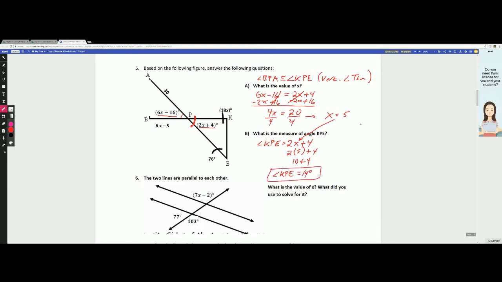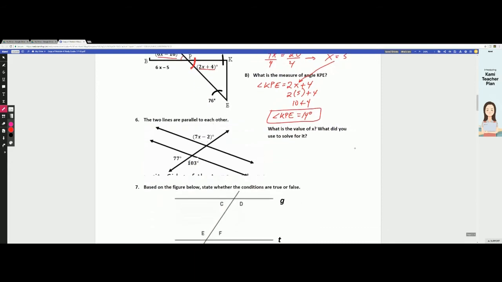Nice. All right, so number 6, they're using parallel lines. What is the value of x? Well, here's the expression with x, and it's representing this angle. And isn't 103 going to be an alternate exterior angle?